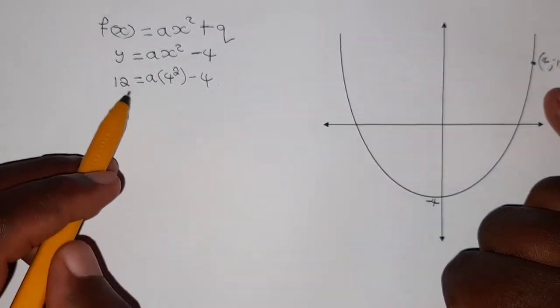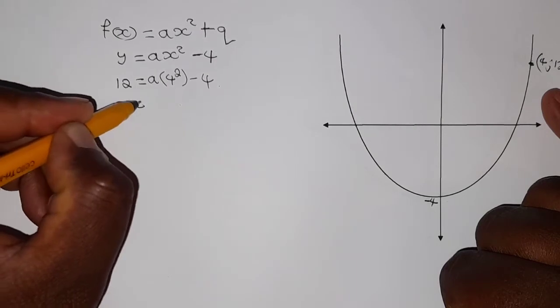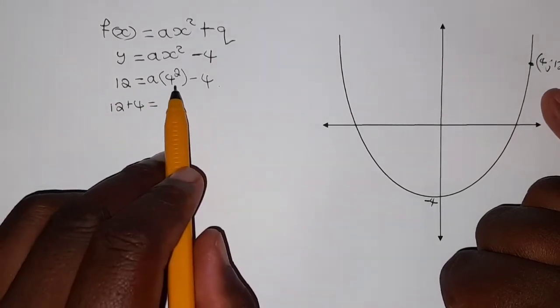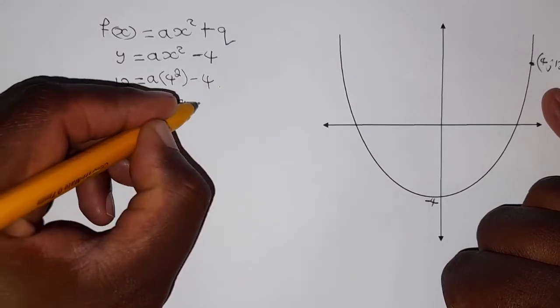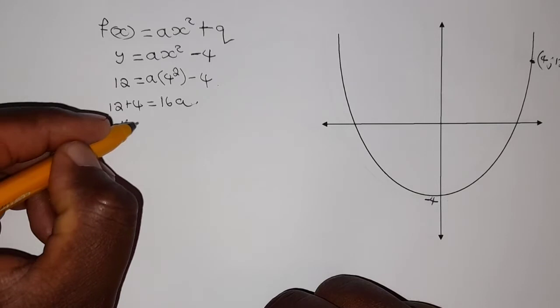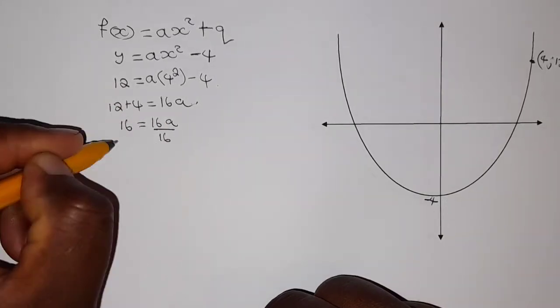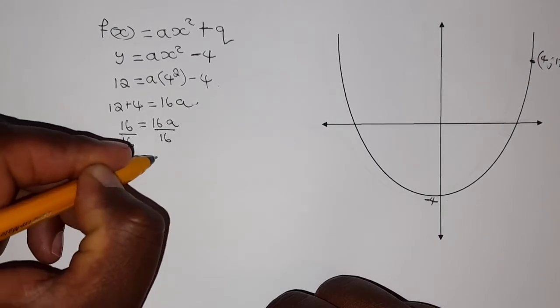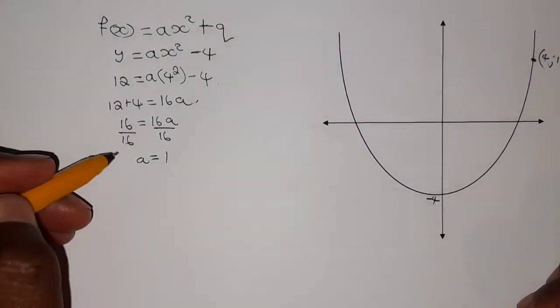And then our 4 goes to the other side. 12 plus 4 is equal to 4 squared, which is 16, so we have 16a. 12 plus 4 is also 16, so 16 is equal to 16a, divided by 16 on both sides, and your a is equal to 1.